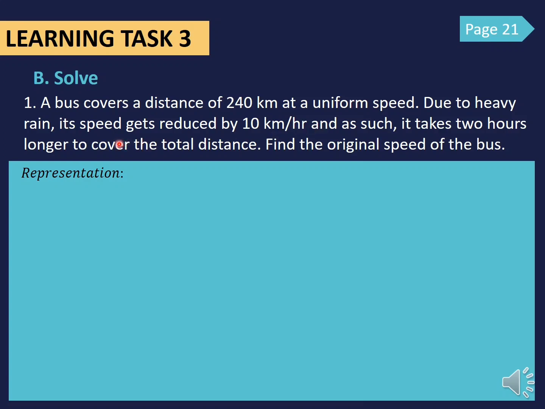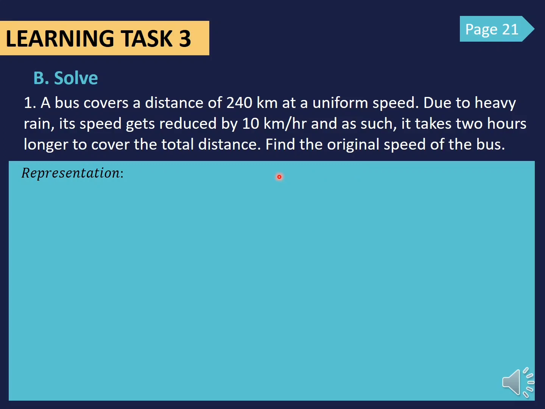It takes 2 hours longer. Sa halip na makarating siya doon sa original speed niya, anong nangyari? Due to heavy rain, nadagdagan ng 2 hours longer to cover the total distance, which is 240 kilometers. We are looking for the original speed of the bus.